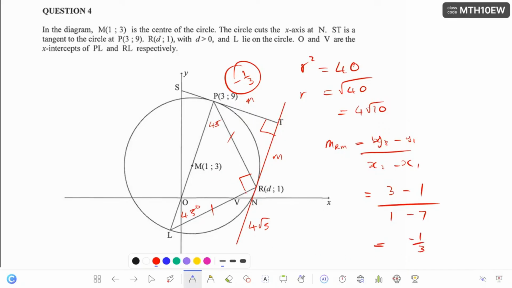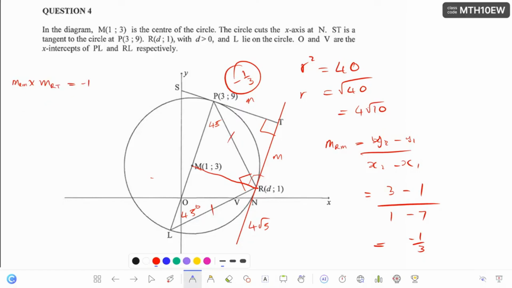So since we know that the line from the center of the circle to this one is a tangent, this one is 90 degrees. So this one is perpendicular to that one. So now we need to find the gradient of RT. We're going to say gradient of RM times gradient of RT is equal to -1.